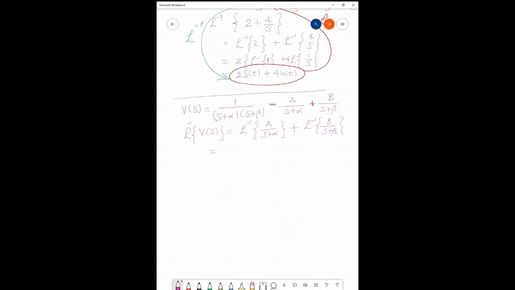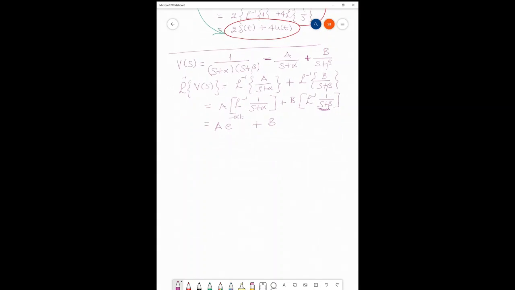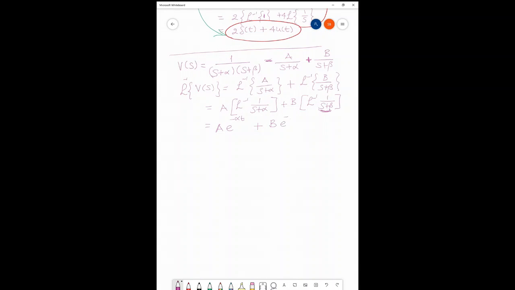And that's easy. We have A times the inverse Laplace transform of 1 over s plus alpha, which we have already seen, plus B times the inverse Laplace transform of 1 over s plus beta. That part is e raised to minus alpha t, plus, in this case, e raised to minus beta t.